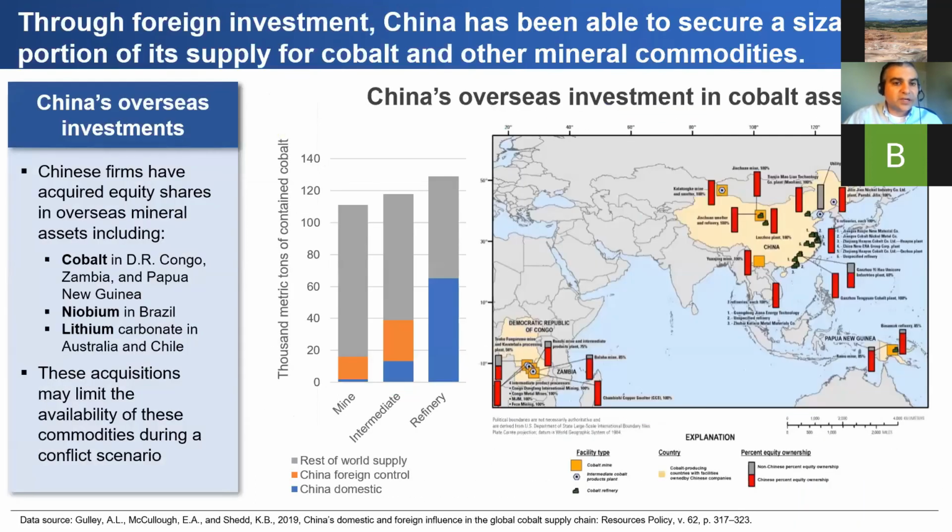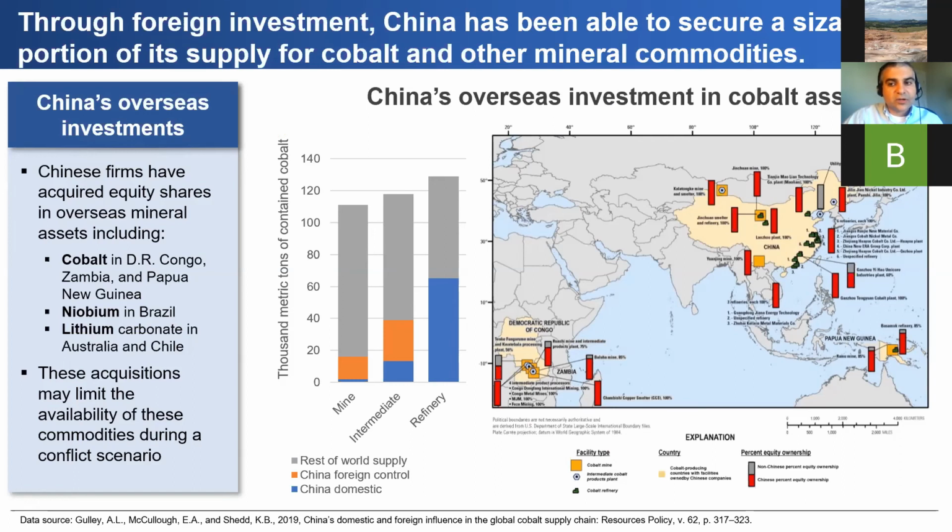Now, of course, the Chinese are not sitting idly by. Through foreign investments, China has been able to go out and secure a sizable portion of the supplies that they need for things like cobalt, especially in the DRC, Zambia, and Papua New Guinea, as well as other commodities, including niobium in Brazil, lithium in Australia and Chile.